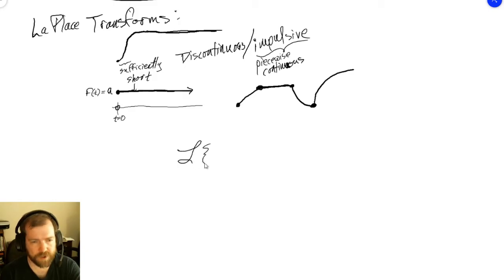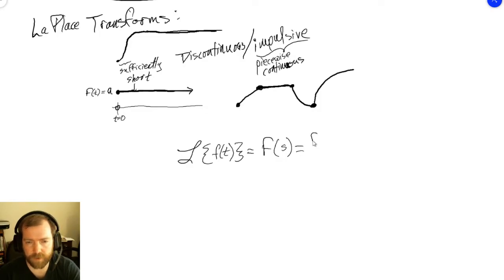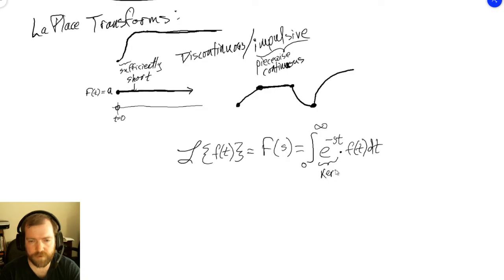So the Laplace transform of a particular function f of t is going to be equal to some sort of capital F. We just call it the forcing function, the Laplace transform on a dummy variable s, which is equivalent to the integral from 0 to infinity of e to the negative st times f of t dt, where e to the negative st is called the kernel of the function, and often given as K of s,t.